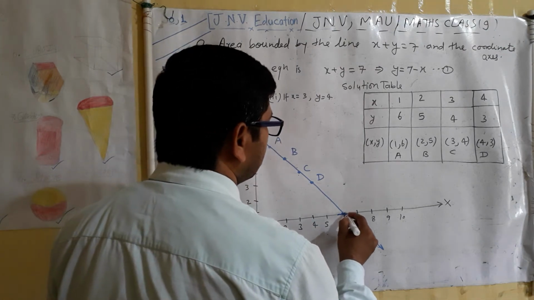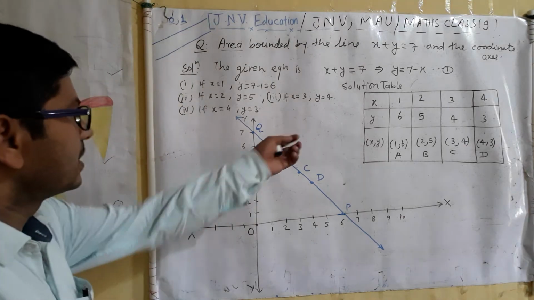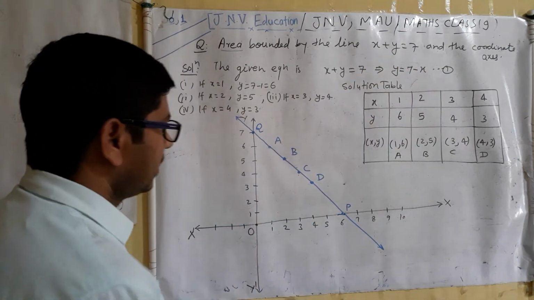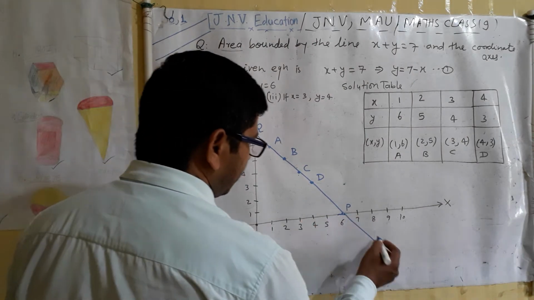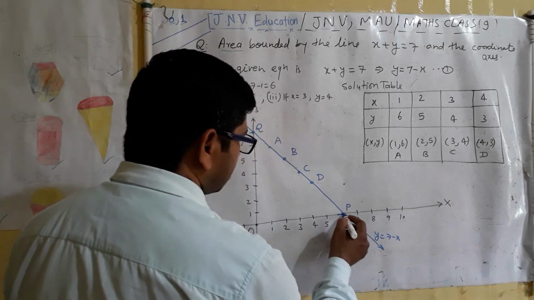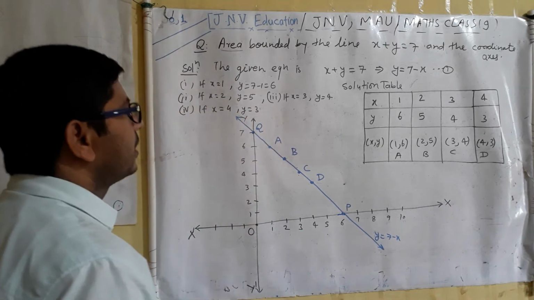Mark these points as P and Q. Now this is the graph of the linear equation x plus y is equal to 7, and this graph y is equal to 7 minus x intersects the x-axis at P and y-axis at Q.